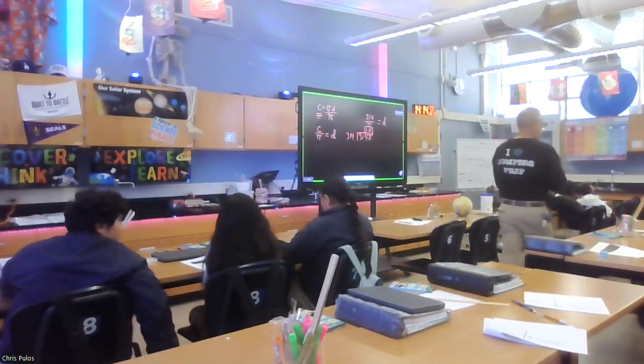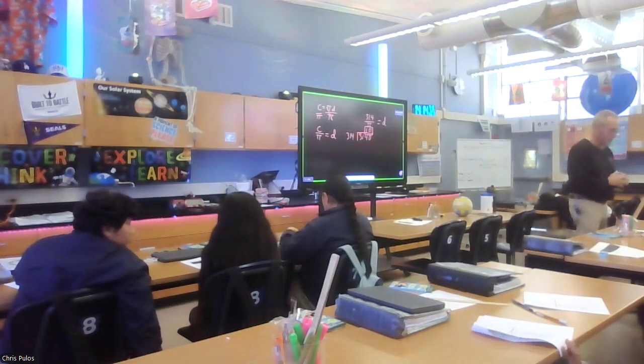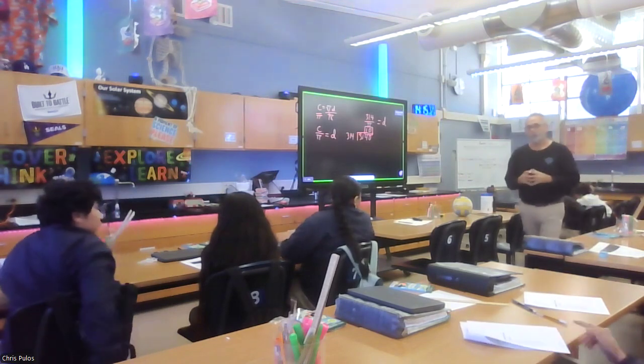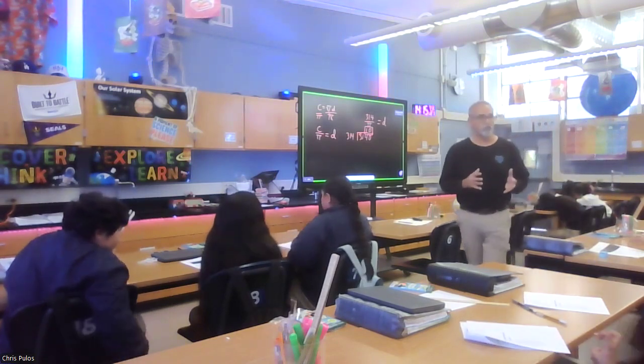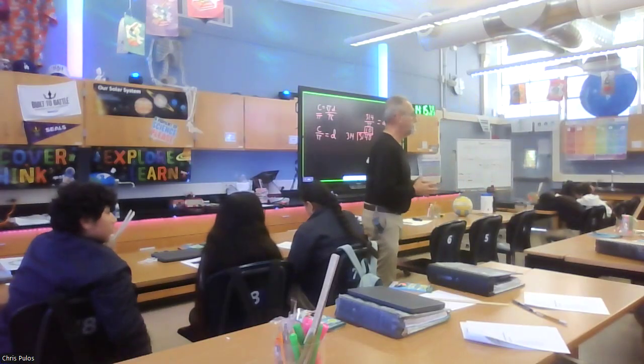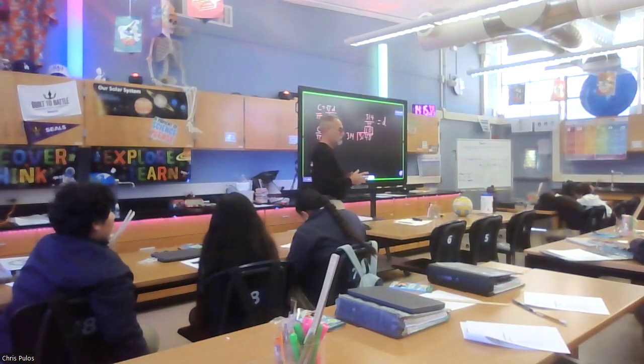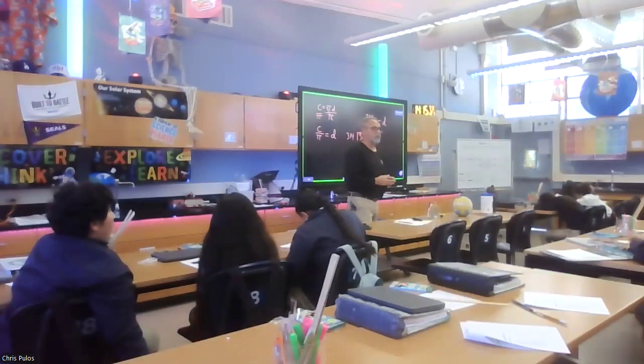So the first problem, they gave us the diameter of 5. If they give you the diameter, what formula do we use? Pi times diameter equals circumference, absolutely.